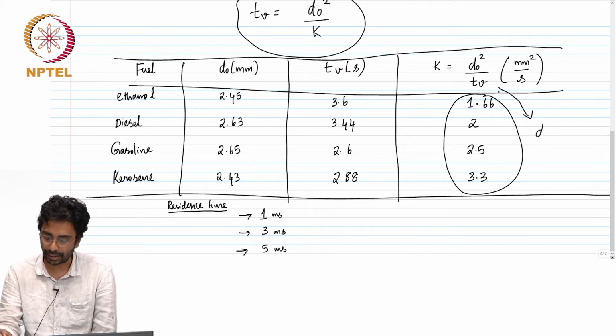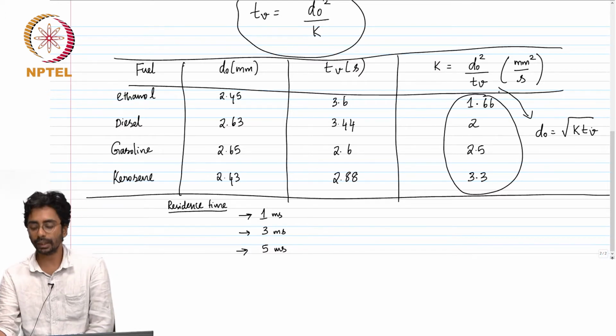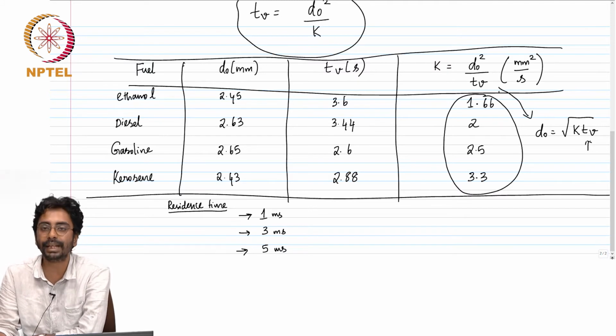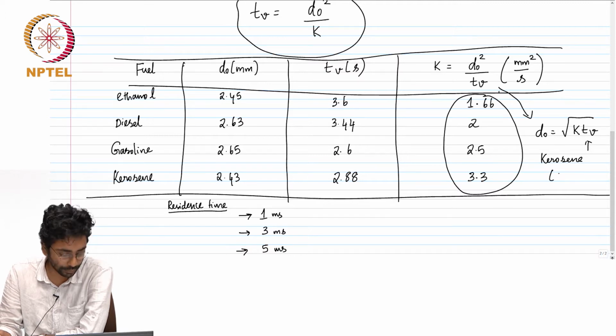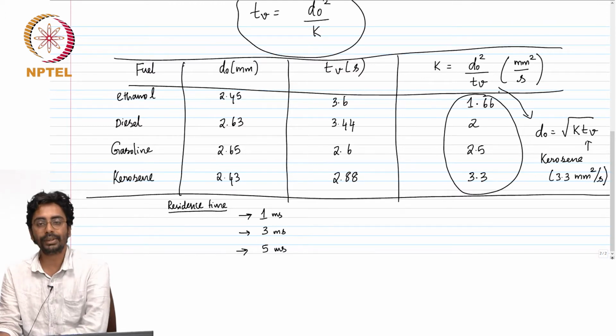From here, d0 is equal to square root of k Tv. For Tv equal to 1 millisecond, 3 millisecond and 5 millisecond, calculate d0, and for the purpose of this calculation we will assume that the fuel of interest is kerosene, which has an evaporation constant of 3.3 millimeter square per second. Plug in the numbers and calculate d0.